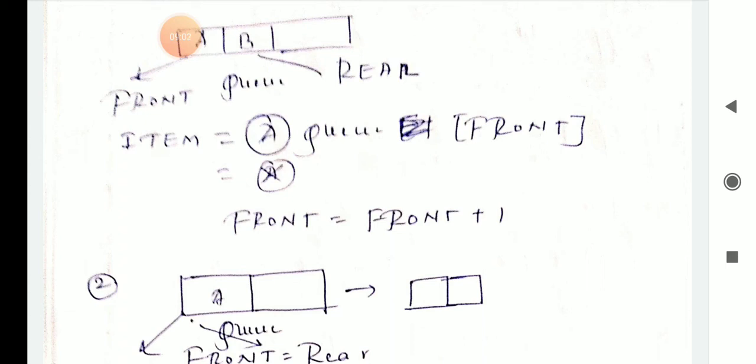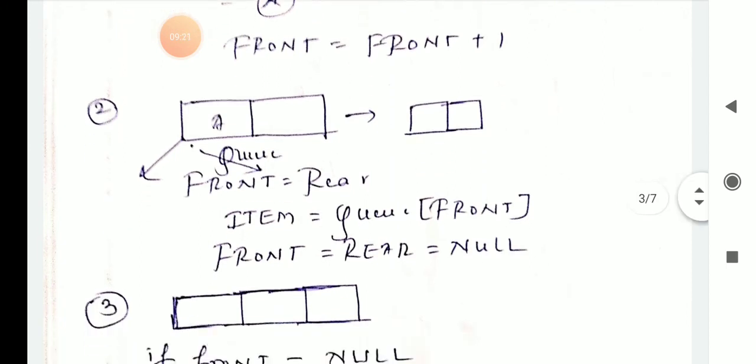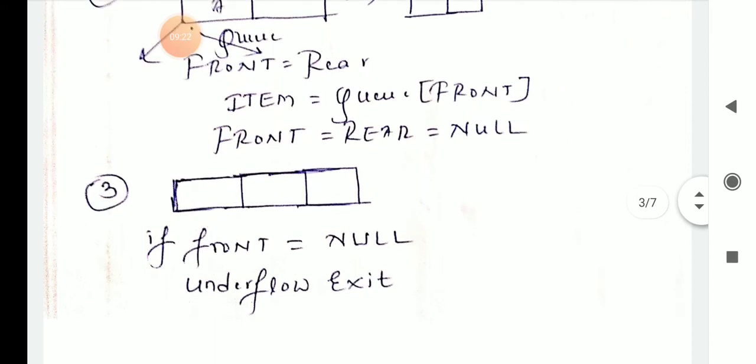Then I write front is equal to front plus 1, because I want to move towards the B value. After A is deleted, I move towards B. Next you can take another Q, that is null.